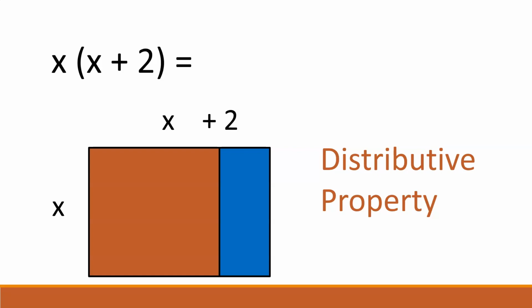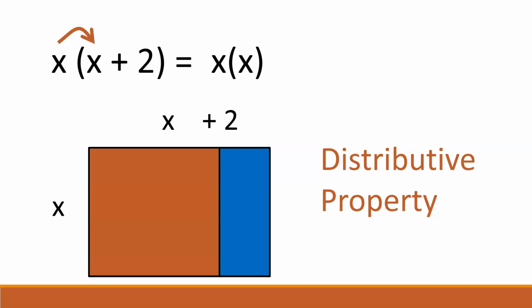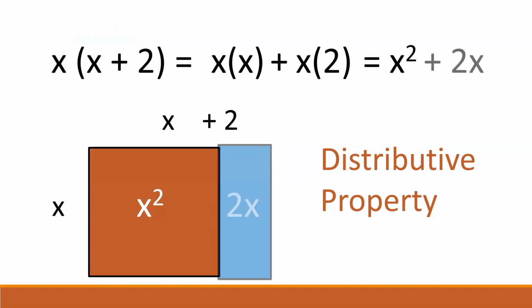To find the total area, we can find the area of the orange part with x times x and the area of the blue part with x times 2. So our total area is x squared for the orange part plus 2x for the blue part. Total area is x squared plus 2x.